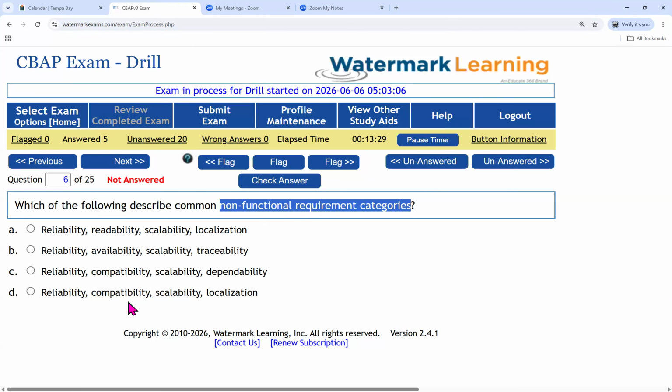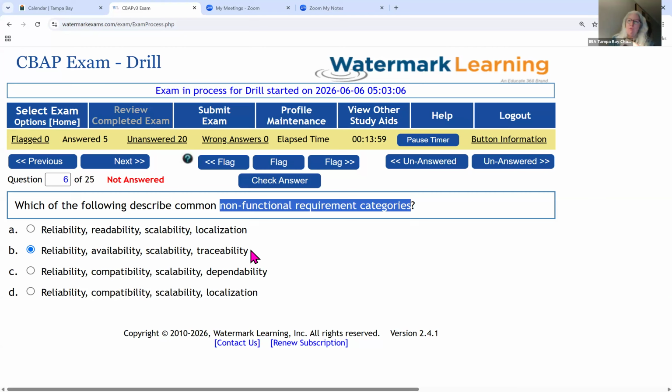I would like the traceability most. Number B. Okay, you like this answer the most? Reliability, availability, scalability, and traceability? Yes, because traceability is also a big issue for non-functional requirements.